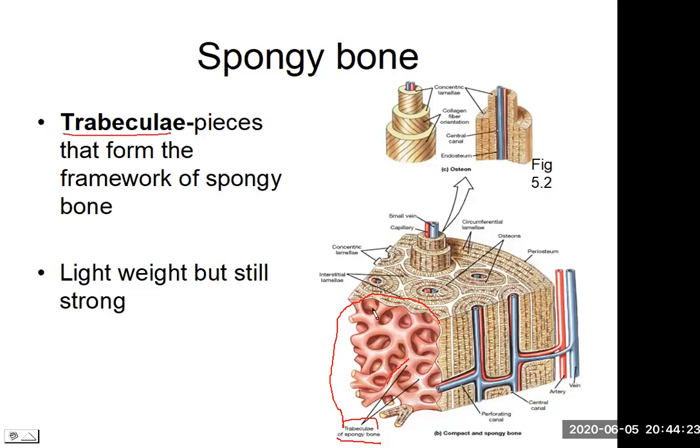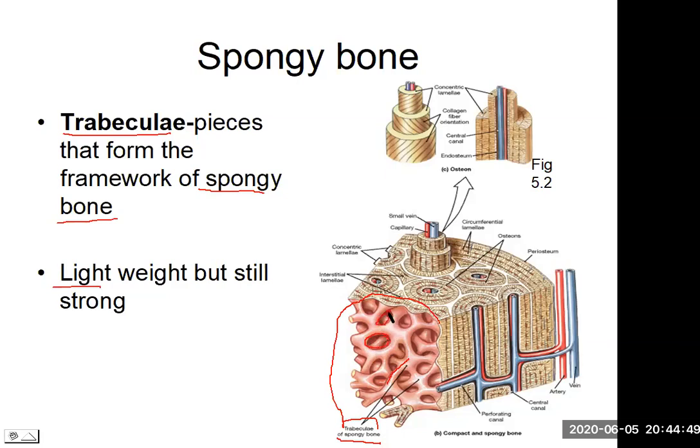So these smaller little fragments and shards of bone that ultimately interconnect to make the entire network of spongy bone. The principal difference, of course, is it's a much lower density of bone matrix, making it much lighter. And another benefit, of course, is all of the hollow cavities within the spongy bone.